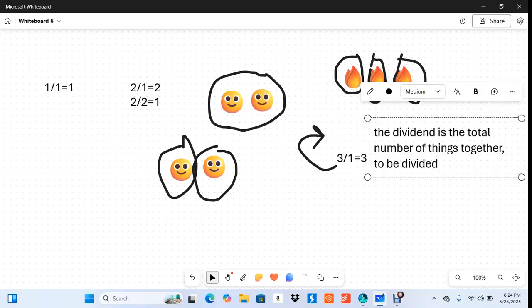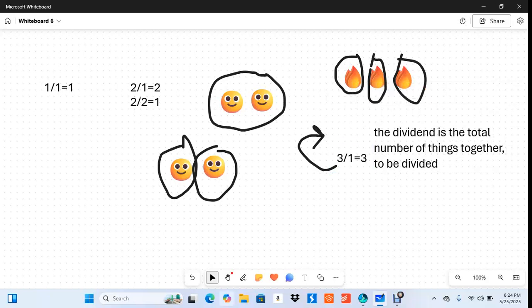Okay, and this number that's going to be to the right of the division symbol is the divisor.